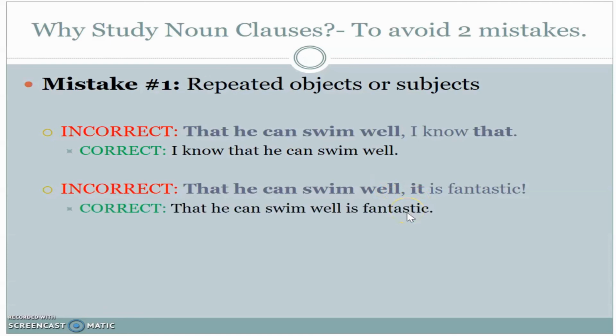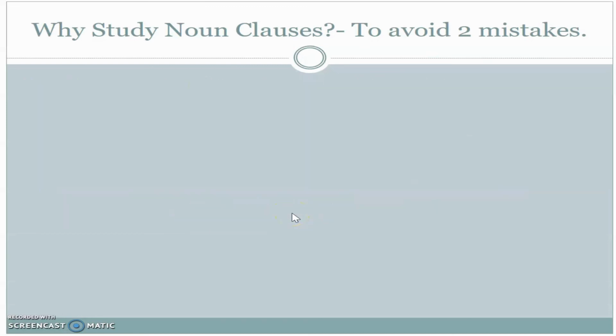So instead, you would say, that he can swim well is fantastic. So that he can swim well is your subject. What is fantastic? You can say it is fantastic, but if you want to develop the idea, you just say that he can swim well is fantastic.